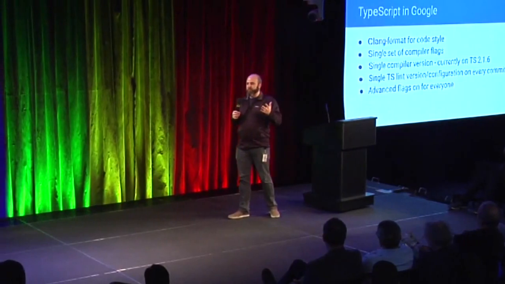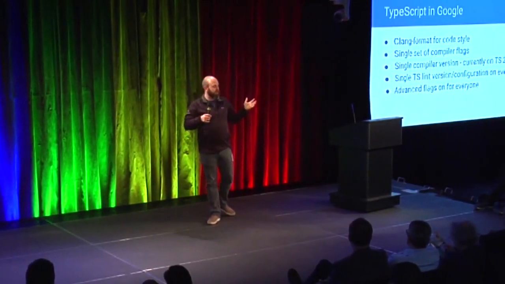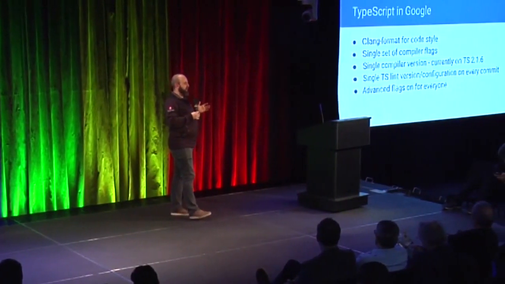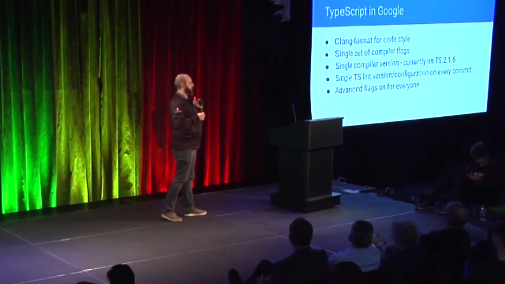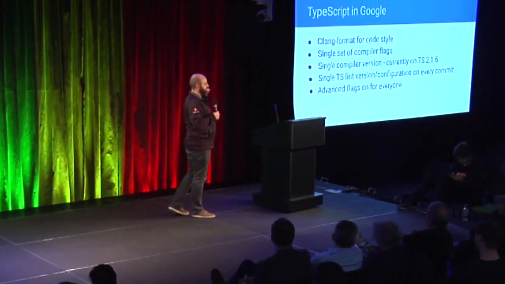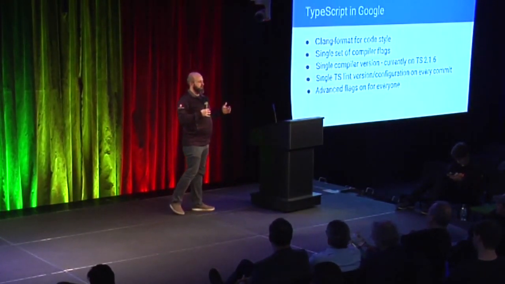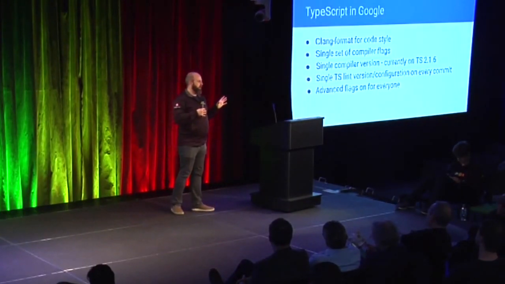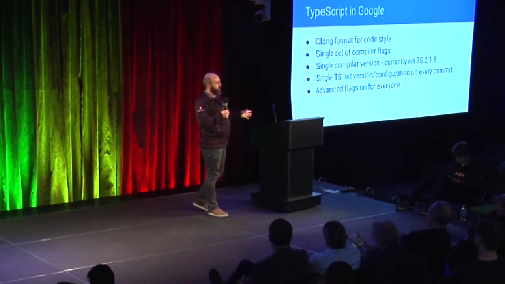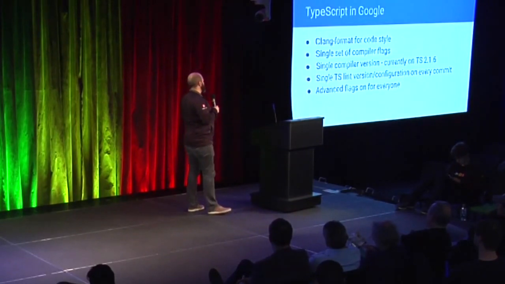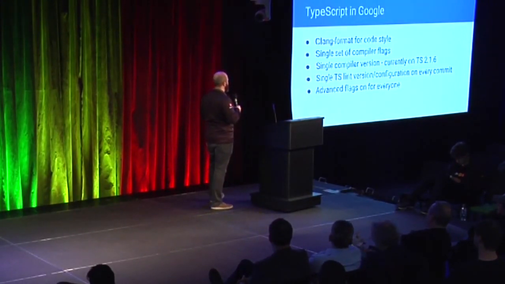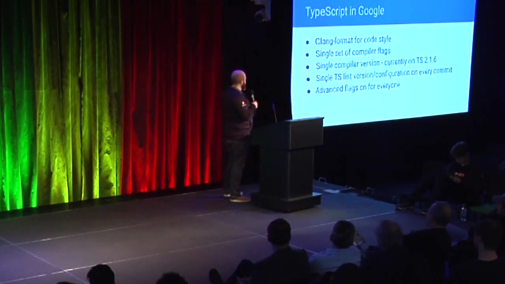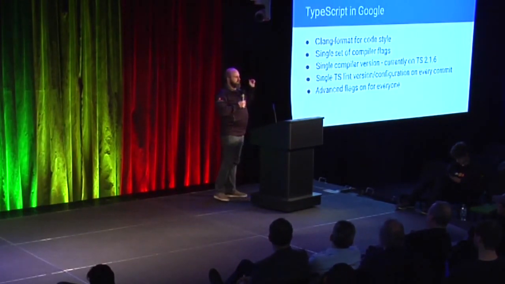We improve that by having a single set of flags. We ask our users what flags to have on and what makes sense. We go for the stricter side of TypeScript. TypeScript has the any type and some of the looser types. We try to enforce stricter type checking, but it's a single set.